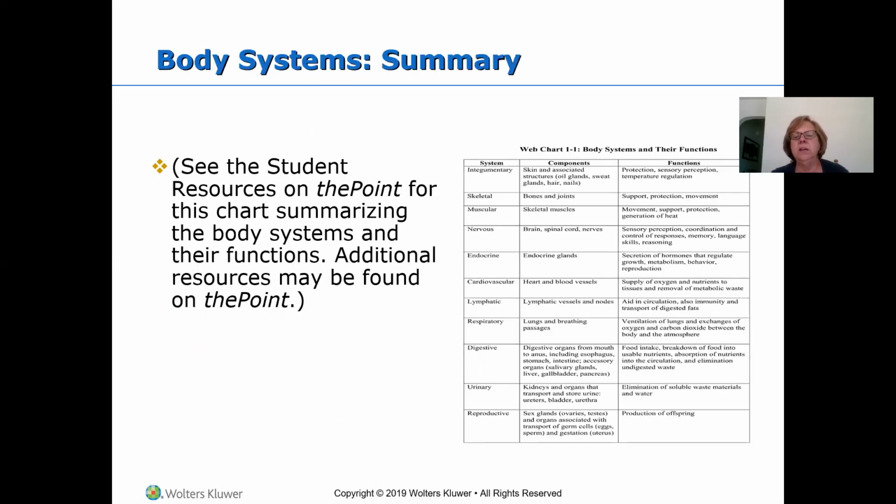Okay, and then if you look at all of the functions for those, this chart can actually be found in your textbook. Let me look. I'll take that back, they may not have it in your textbook.